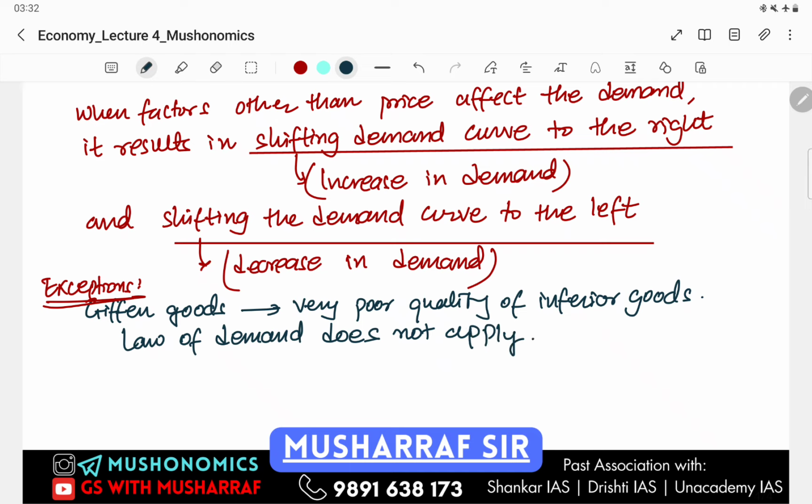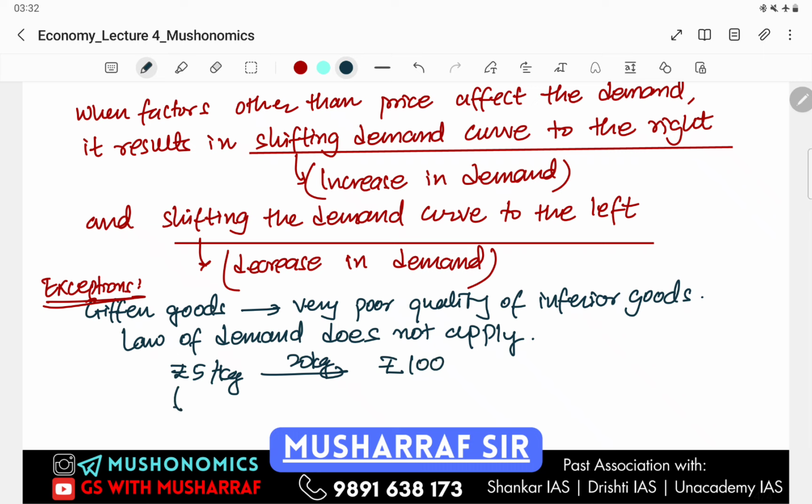For example, there is a very poor quality of rice. So what will happen if the price decreases further? You will leave that rice, or you will decrease your demand. For example, if rice is rupees 5 per kg and you demand 20 kg in a month, you are spending 100 rupees.